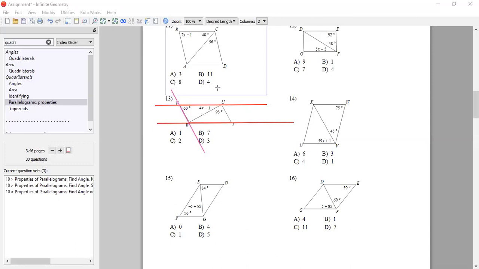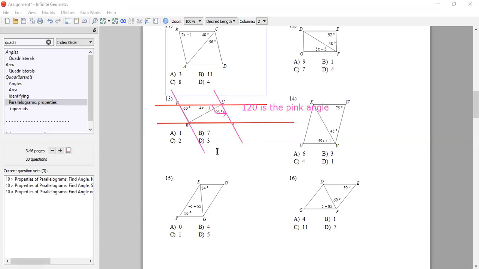If we look at the two pink lines as our parallel and the red as a transversal, this whole entire angle right here is supplementary to 60. So the whole pink angle is 120 degrees, because that's what interior same side angles are when you have two parallel lines and a transversal.